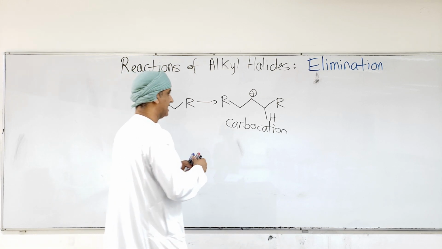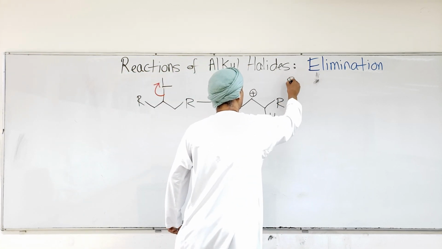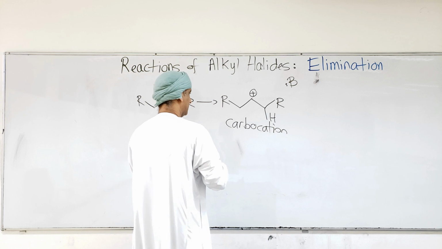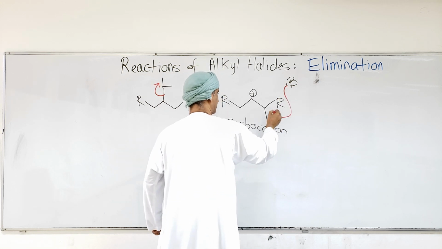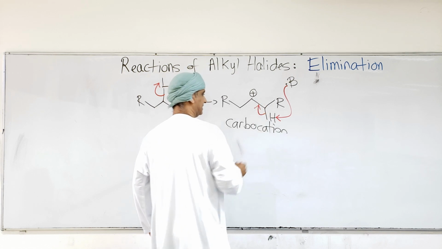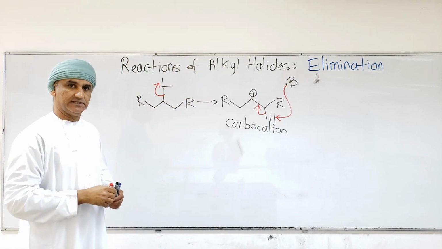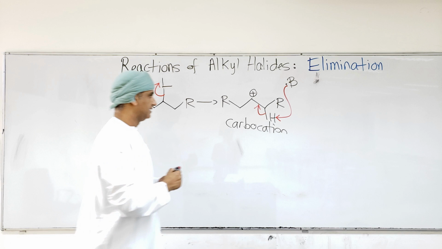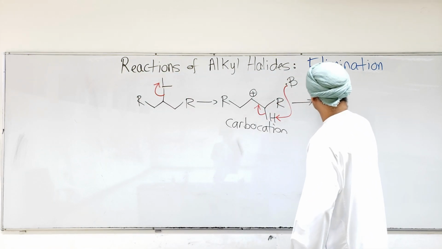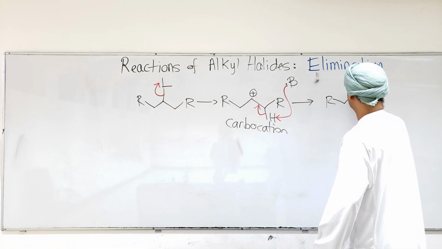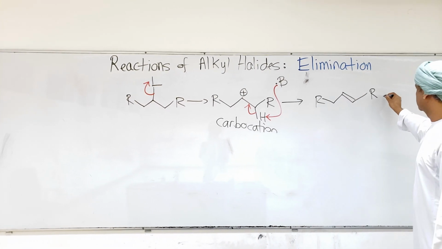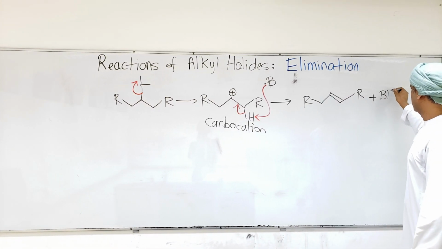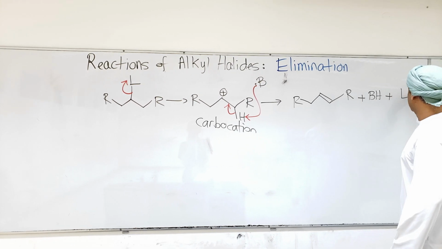So the base will now come and take off this proton, with simultaneous formation of the carbon-carbon double bond. So this product is then obtained, plus, of course, BH plus L minus as usual.